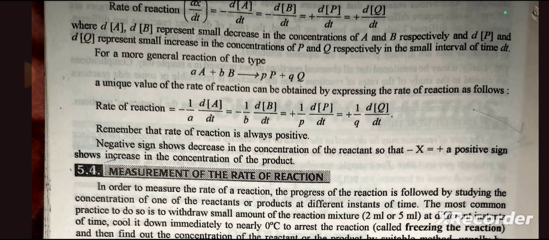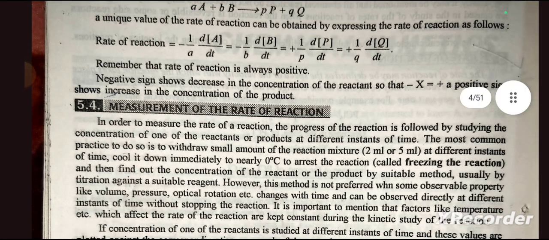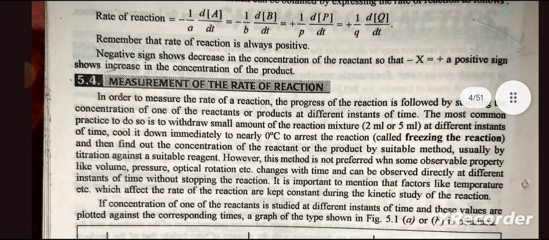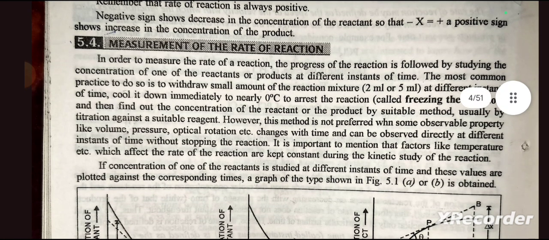Rate of reaction is equal to minus 1 by a, dA by dt is equal to minus 1 by b, dB by dt is equal to plus 1 by p, dP by dt is equal to plus 1 by q, dQ by dt. Remember that rate of reaction is always positive. The negative sign shows decrease in the concentration of the reactant, so that minus times minus is equal to plus. A positive sign shows increase in the concentration of the product.